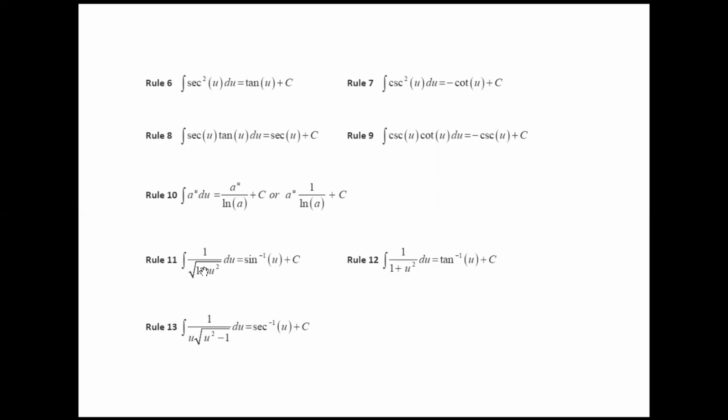And then we'll just 11, 12, and 13, the derivative of the inverse sine is this. The derivative of the inverse tangent is this. The derivative of the inverse secant is this. Now, there are a number of functions that we are going to need to find the antiderivative of that you don't see here. For example, you don't see the antiderivative of the log.